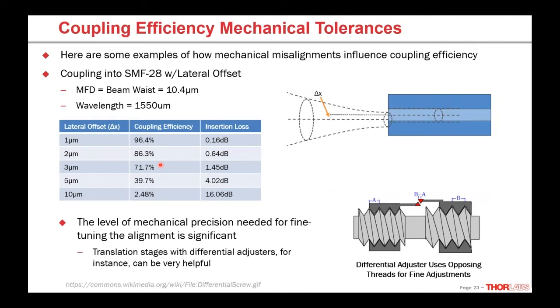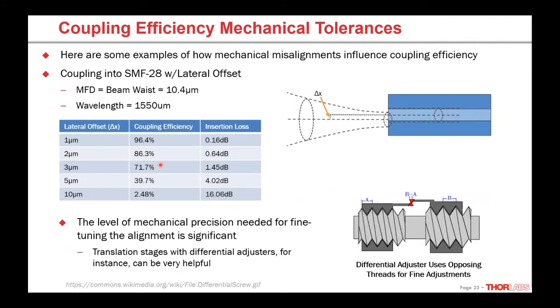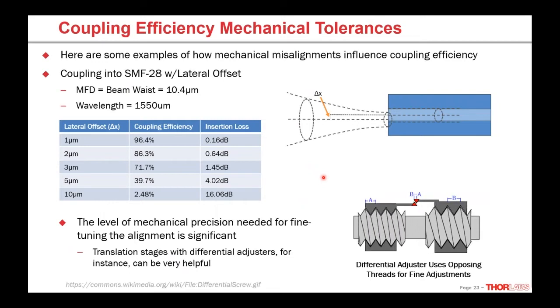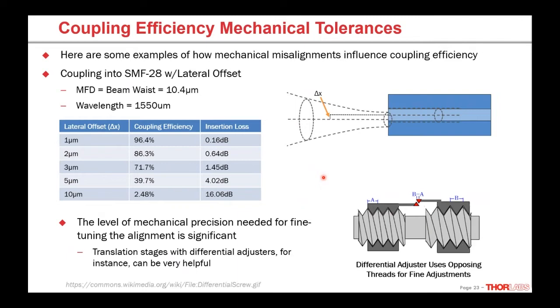That's what I mean when I say the level of mechanical positioning accuracy that you need to fine-tune that coupling is significant. Things like differential adjusters, which we're showing in this neat diagram, can be very useful. That picture we showed a couple of slides back of that translation stage is a product here at Thorlabs, a flexure stage with differential adjusters.